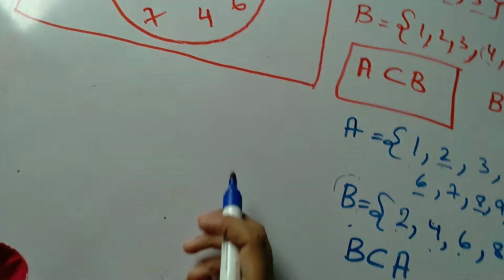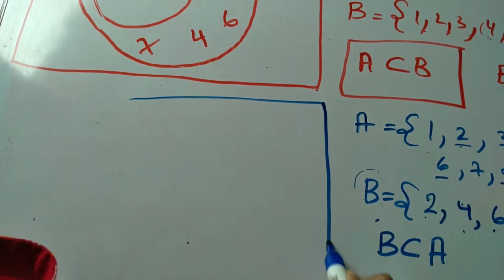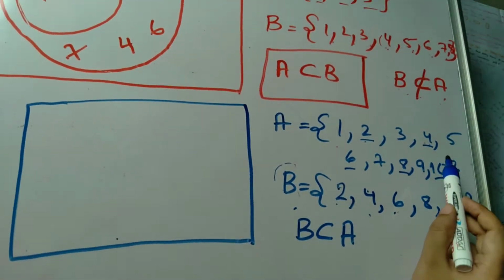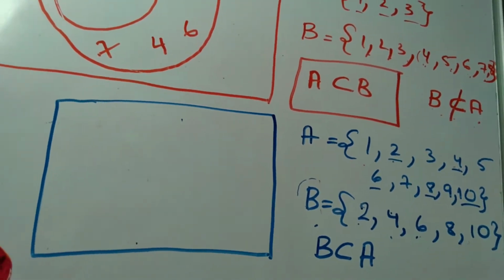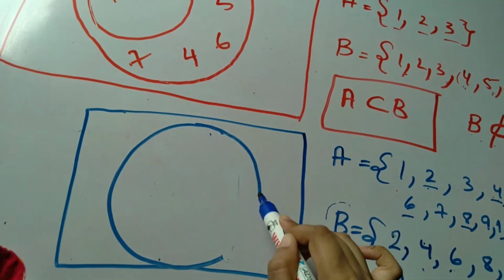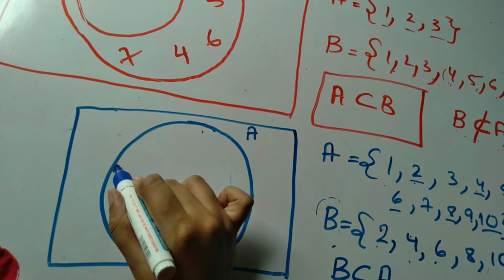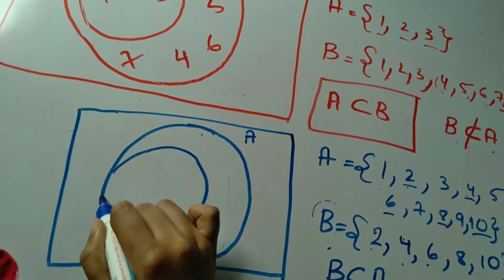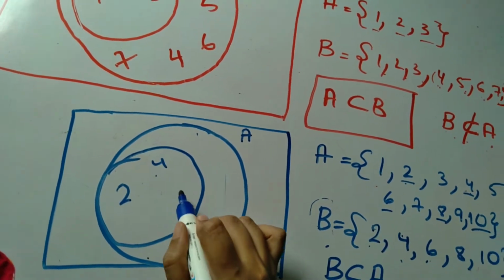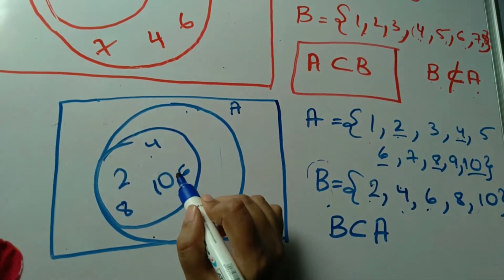So how can we represent this in a Venn diagram? Look here. Which is the bigger set? First write the bigger set, which has all the elements. That set is A. And the smaller set, B, is the subset of A. First we write all the elements of B: 2, 4, 6, 8 and 10.